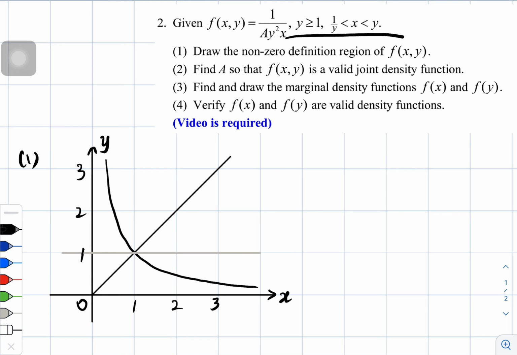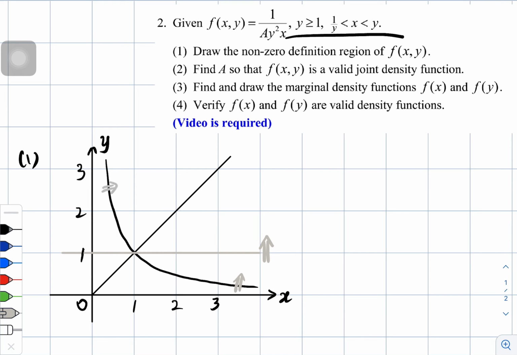Okay, first, it should be up to this level. And x times y larger than 1, so it should be over this value. Over this part.